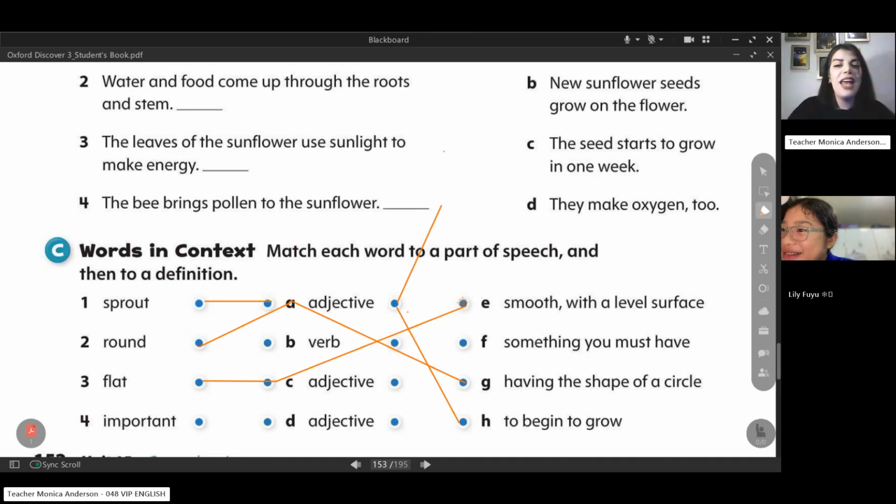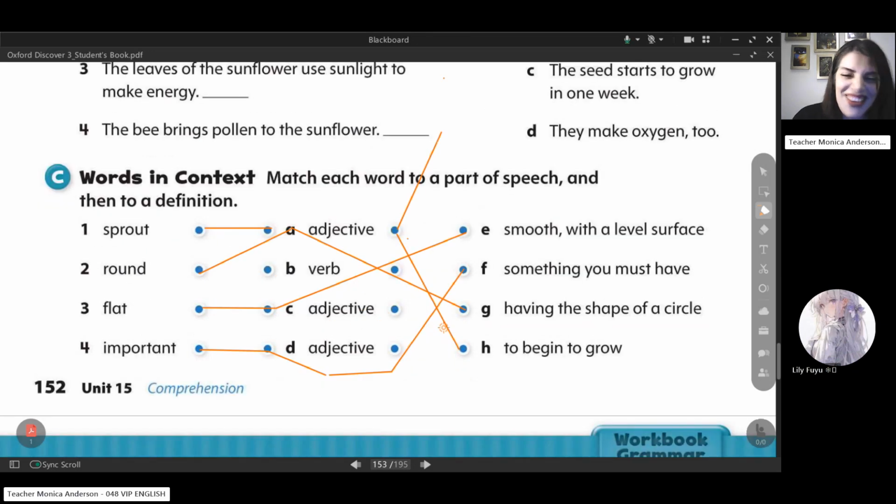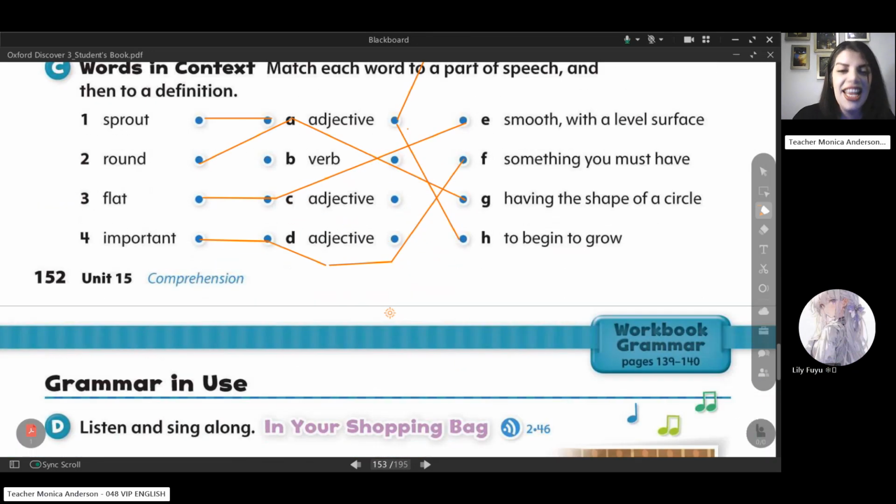I told you. Important is adjective. Means something you must have. Yeah, of course. Very good. Yeah, very good.